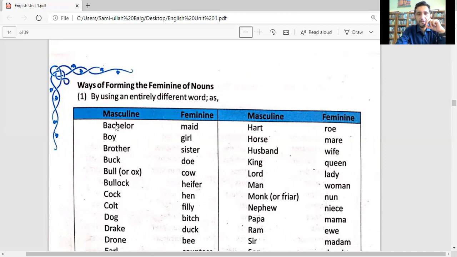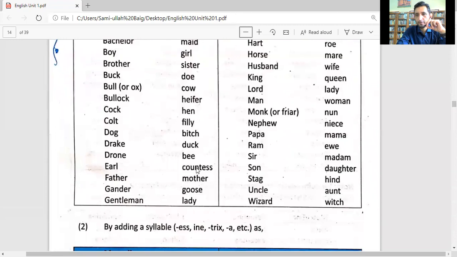If you have to convert a bachelor into its female form, what is a female bachelor called? Then you have to substitute an entirely different word, that is maid. In this category of words, boy, girl, brother, sister, the masculine word is completely different from the feminine version. So you have to memorize these, or if you have good reading, you will know these by yourselves.